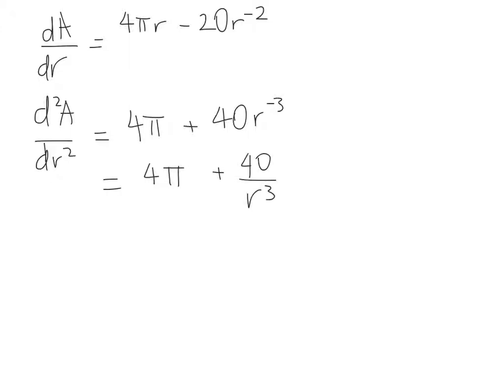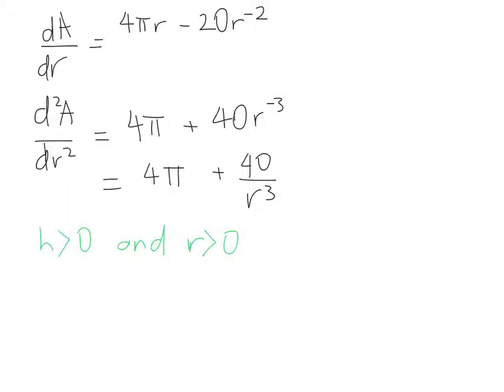One of the restrictions we've got here is that h and r, considering they're both lengths, h is greater than 0 and r is greater than 0. To be a shape, that must be true.